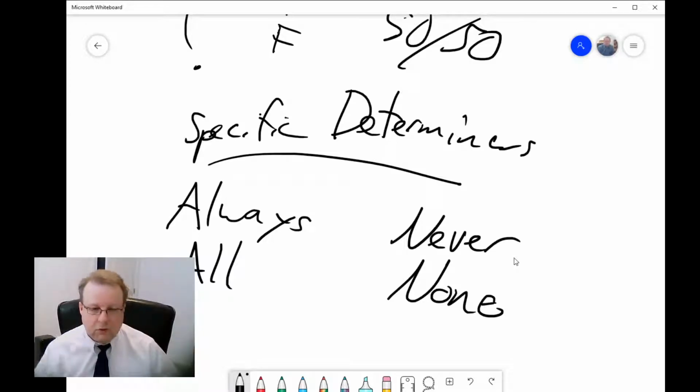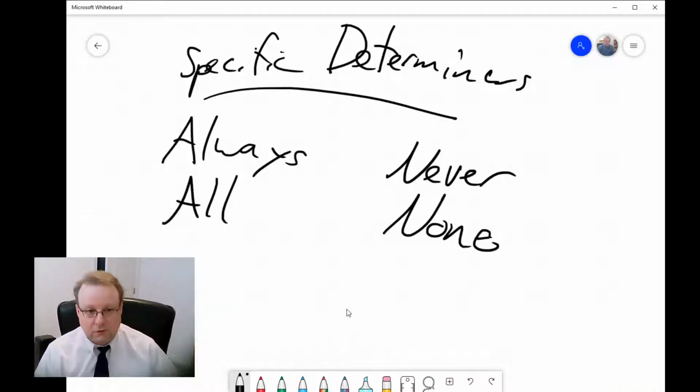So these are words that will say there are no exceptions to the following rule. If you see one of these words in a true-false question, the vast majority of the time, it's going to end up false, because there are very frequently exceptions to these rules.